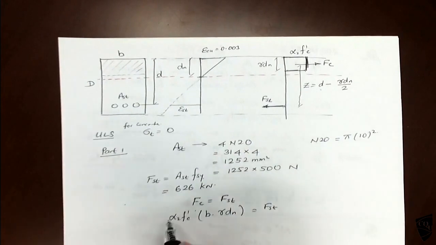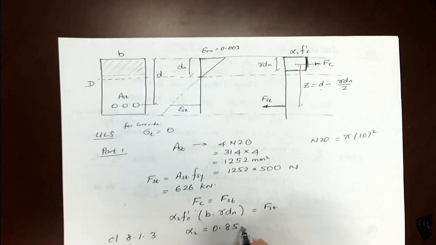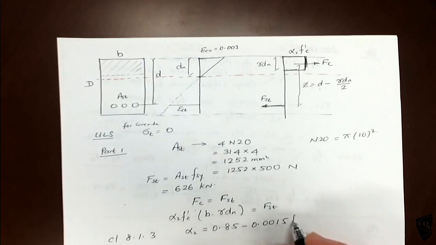You need to have the alpha 2 and gamma from clause 8.1.3. They said alpha 2 is equal to 0.85 minus, you don't need to memorize, the standards are given. F dash c is the strength of the concrete, you know that one.